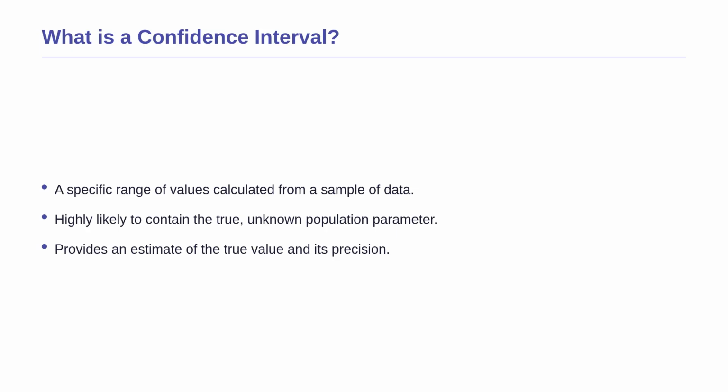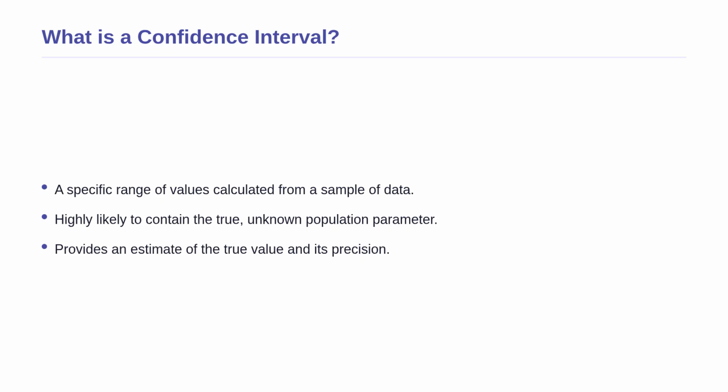Now that we have an intuitive grasp from our jelly bean analogy, let us define this formally. In biostatistics, a confidence interval is a specific range of values calculated from a sample of data. This range is highly likely to contain the true unknown population parameter.